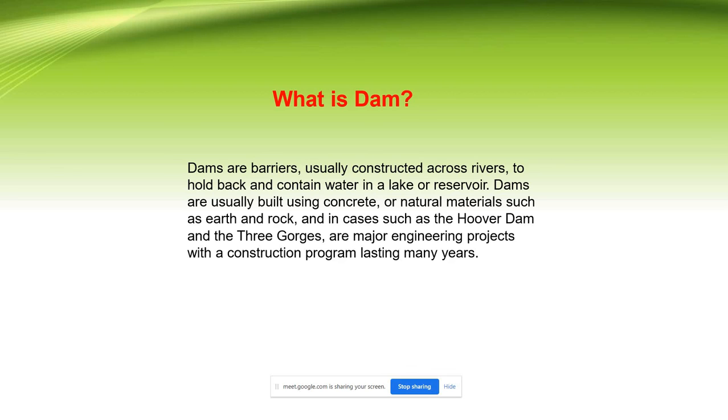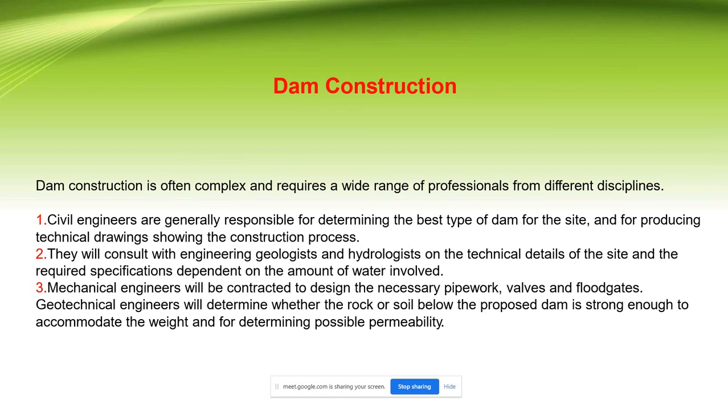Third one, dam construction. Dam construction is often complex and requires a wide range of professionals from different disciplines. Civil engineers are generally responsible for determining the best type of dam for the site and for producing technical drawings showing the construction process. Mechanical engineers will be contracted to design the necessary pipework, walls, and floor gates.